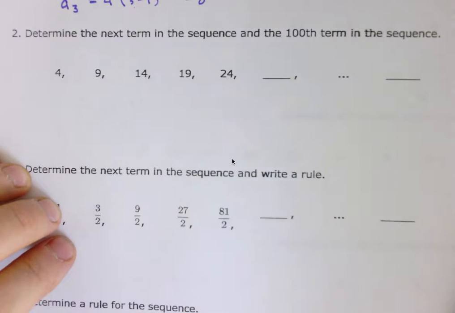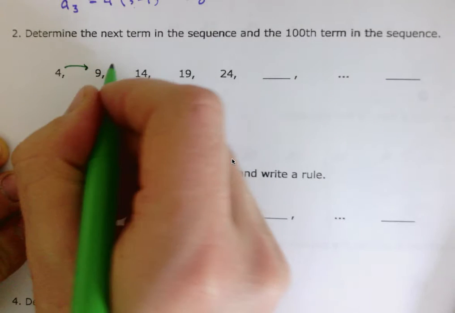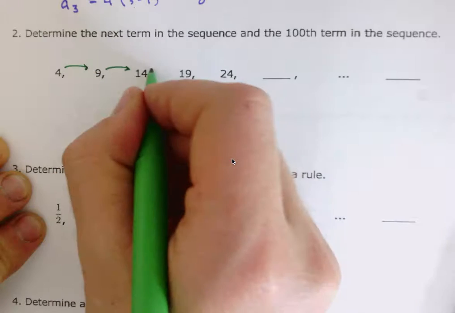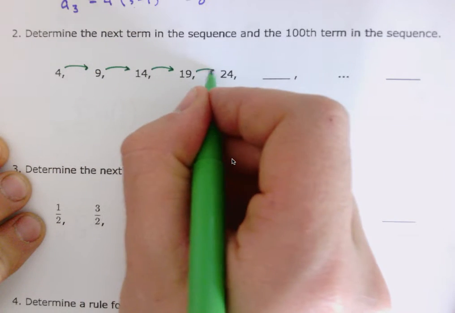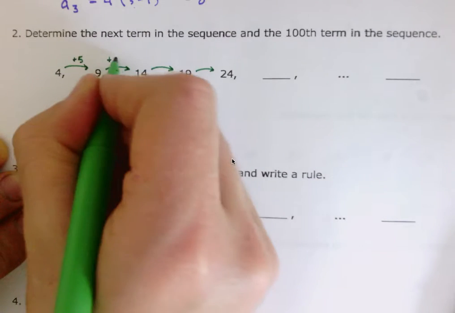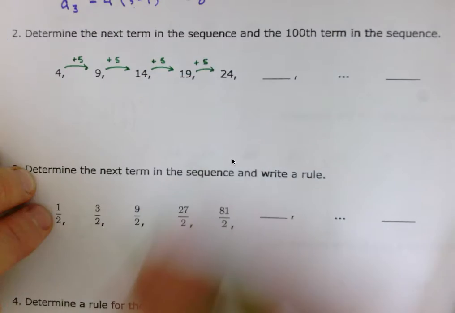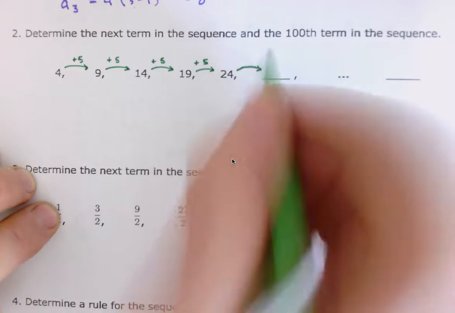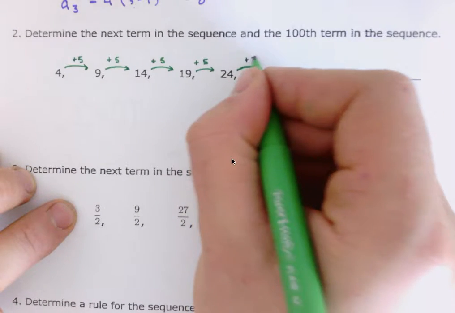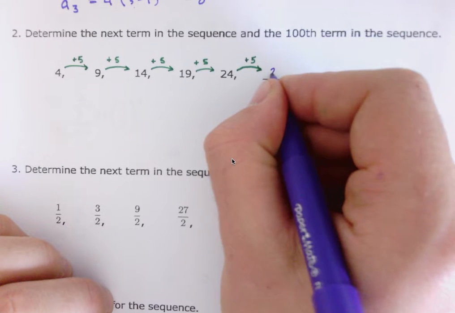In this case, the pattern we should notice is that to go from 4 to 9, from 9 to 14, 14 to 19, and 19 to 24, each time we are increasing by 5. Therefore, the next term in the sequence will also be increased by 5, which means that we will have a 29.